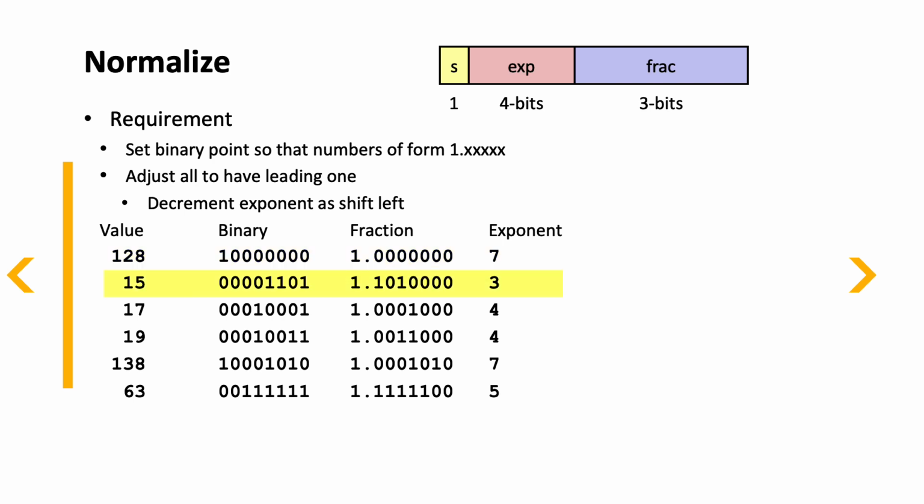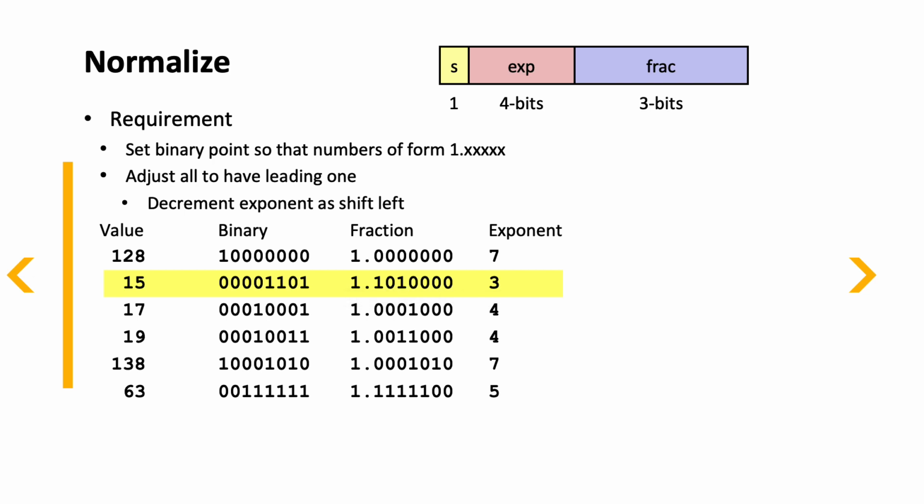For the representation of 15, we would have 0.00001101. We shift that over 1, 2, 3, 4, 5 times to get that 1 in the spot to the left of the binary point. So we end up with 1.101 and a bunch of zeros. We've shifted left 5 times, so the exponent becomes 3.